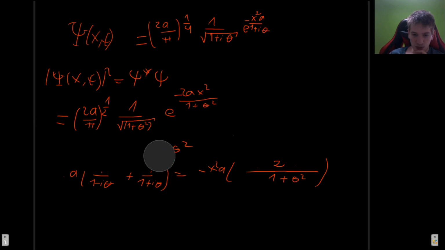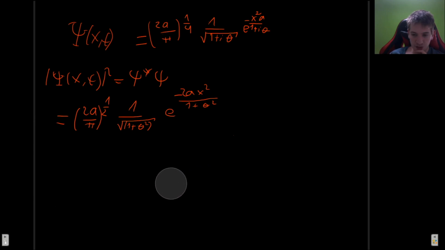Now, because we are going to have to continue working with it, it is going to be convenient to make yet another change of variable just to make this notation better. As we can see, there's this a divided by 1 plus theta squared here, and down here we have the square root of a divided by the square root of 1 plus theta squared. So we can introduce the new constant w, which is the square root of a divided by 1 plus theta squared.